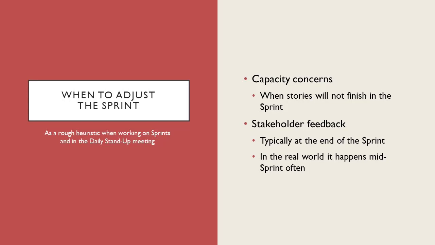Additionally, an instance where you would want to move stories around in a sprint is when the stakeholders give feedback mid-sprint on a different priority. Now, this is generally frowned upon. The reason why sprints are short iterative cycles is because it can allow for development to complete tasks in a short amount of time and then give feedback and continue that loop.